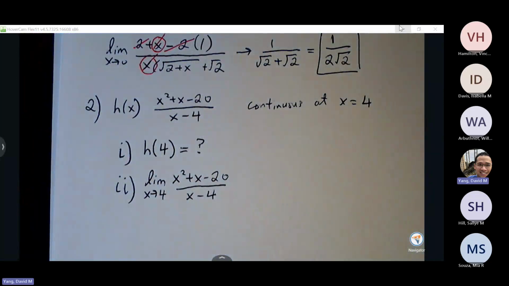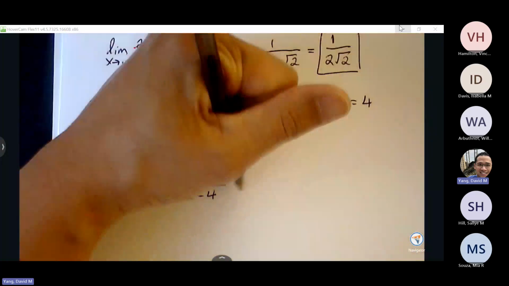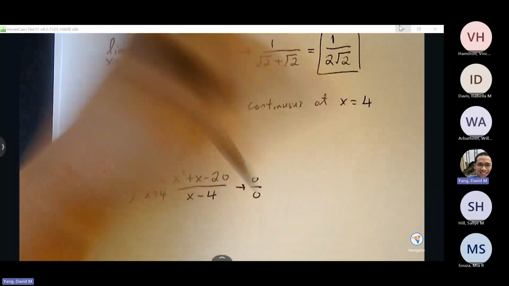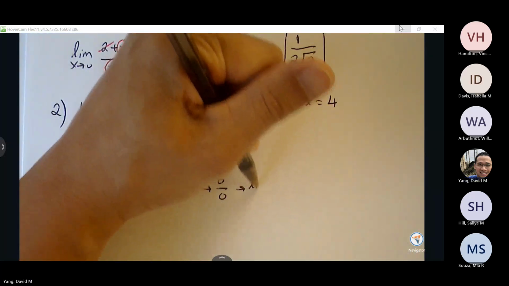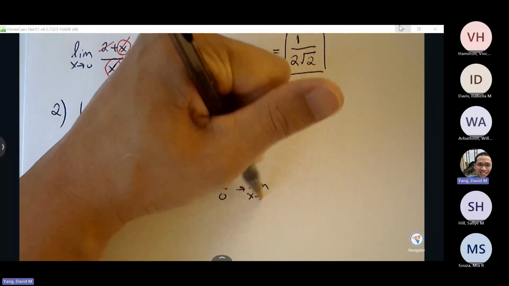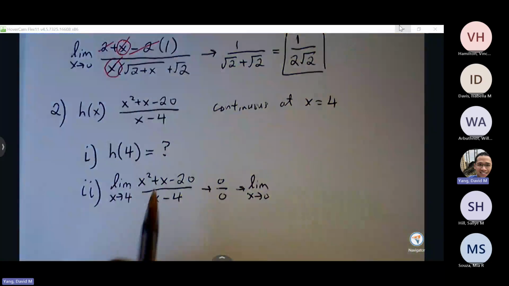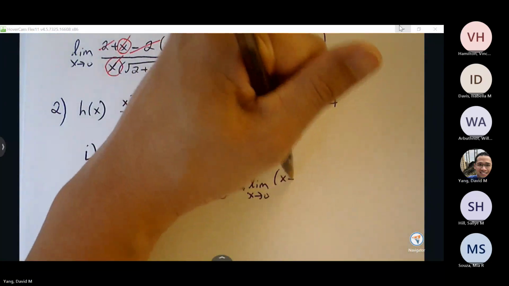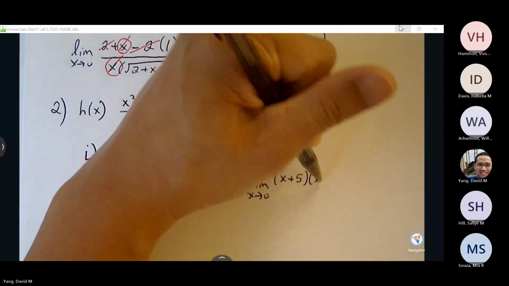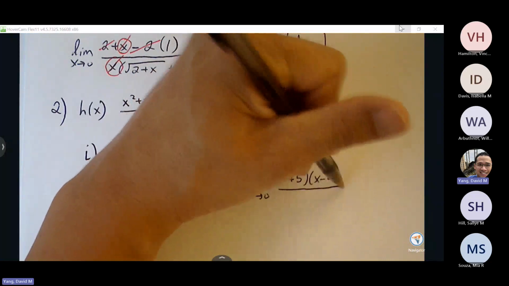All right, first things first, direct substitution. We get 16 plus 4 is 20, 20 minus 20 is 0. So we do get 0 over 0. Continue to work on this, look for the hole. Multiplies to be negative 20, adds up to be 1. 5 and negative 4.